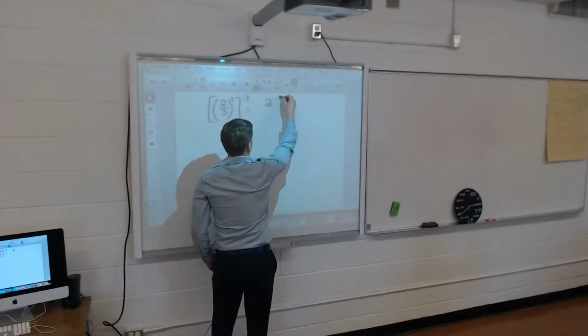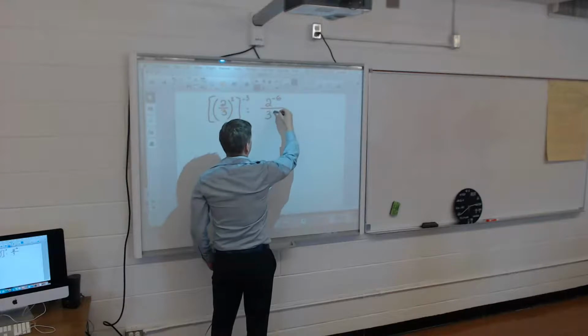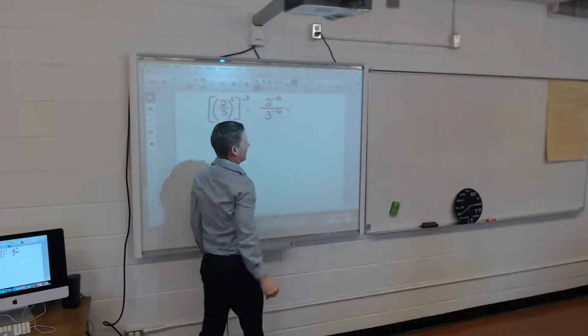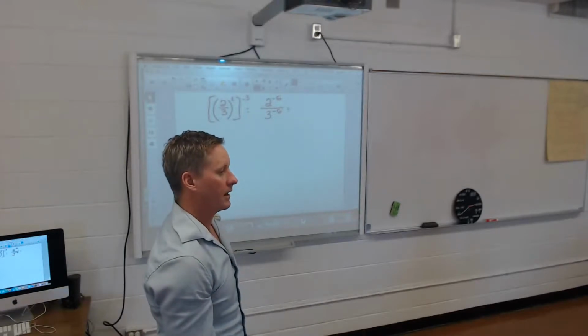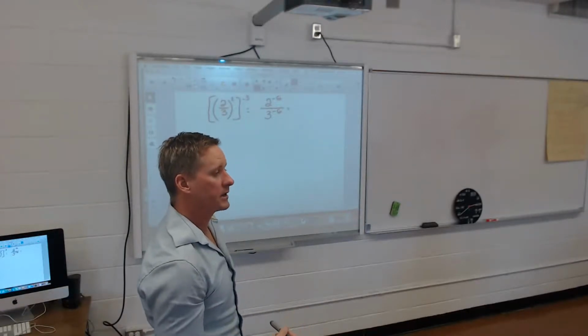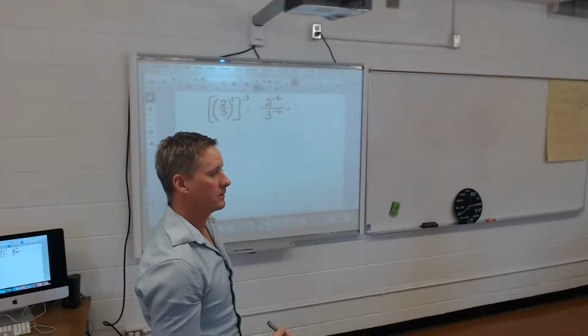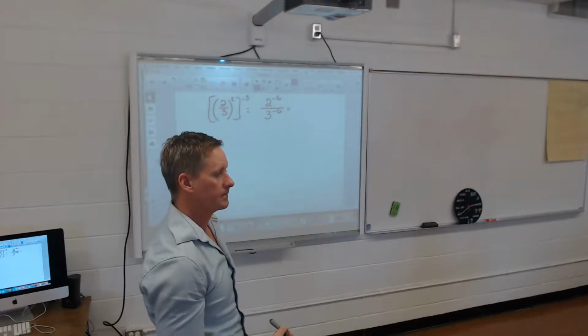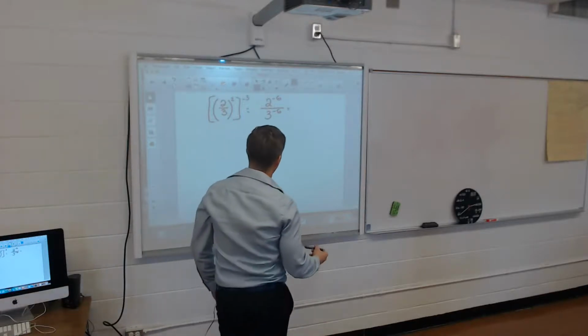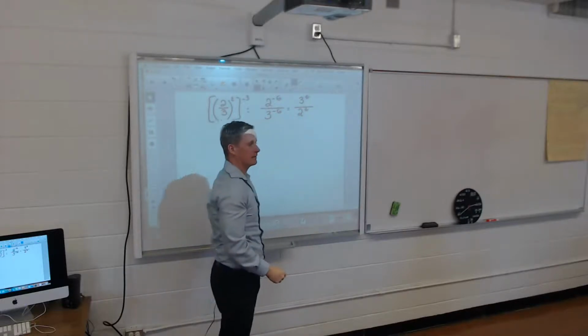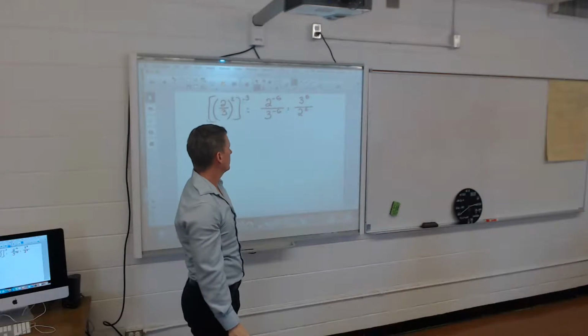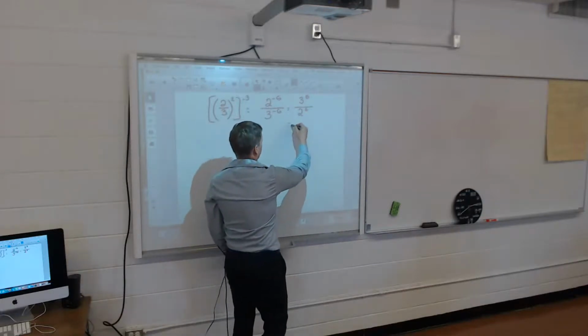That's going to give me 2 to the negative 6 over 3 to the negative 6. And how do I make those things positive? I can put it under 1, or what else can I do? Swap it. That's right. You can swap them. 3 to the 6th, 2 to the 6th. Just like that. Now you can use your calculator and you can solve for it.